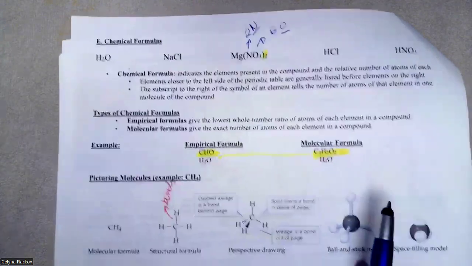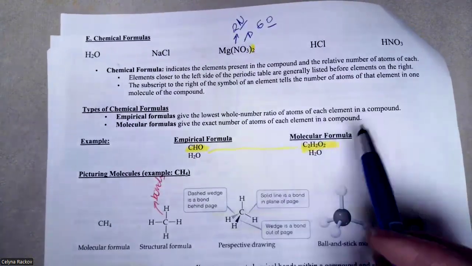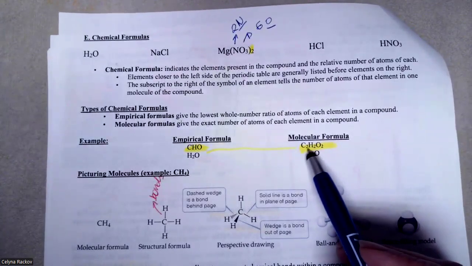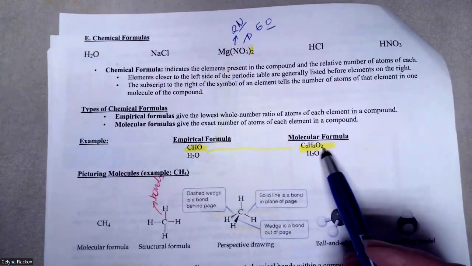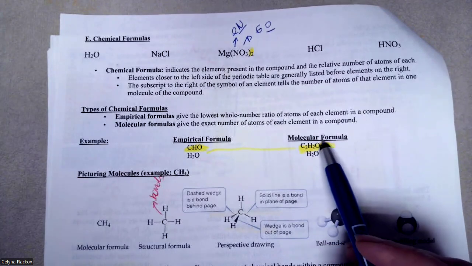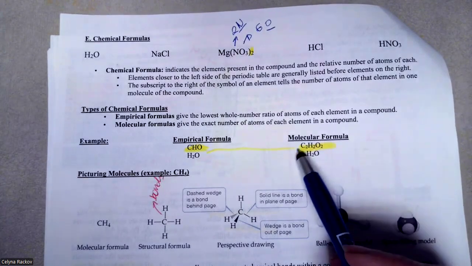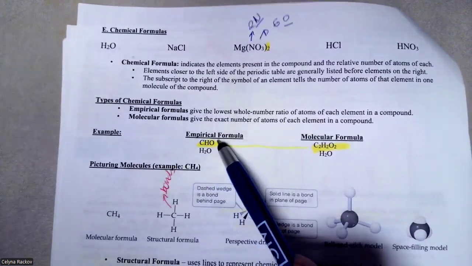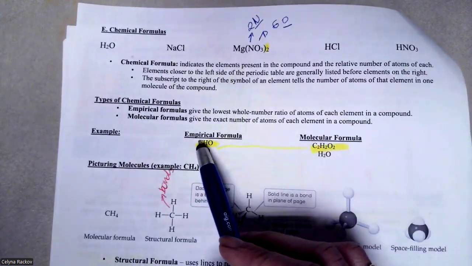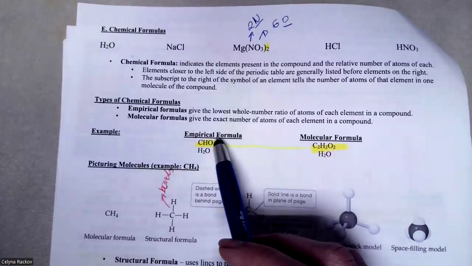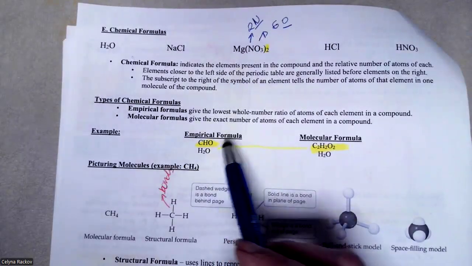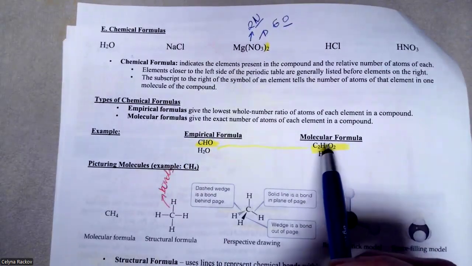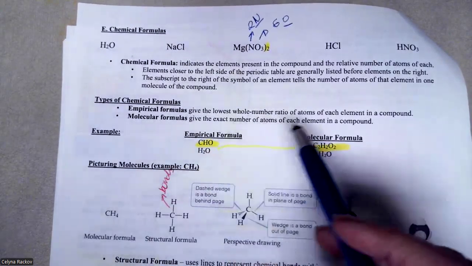For example, here the molecular formula is C2H2O2. So what is the lowest ratio here? If you divide everything by 2, the empirical formula, the lowest whole number ratio, will be CHO.